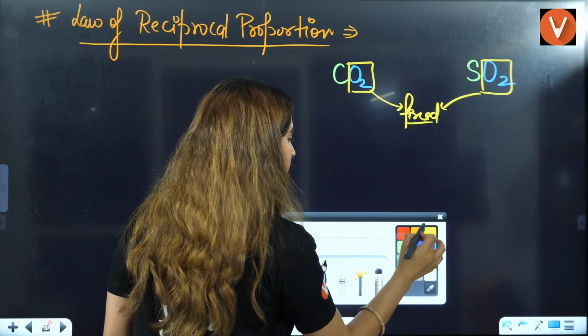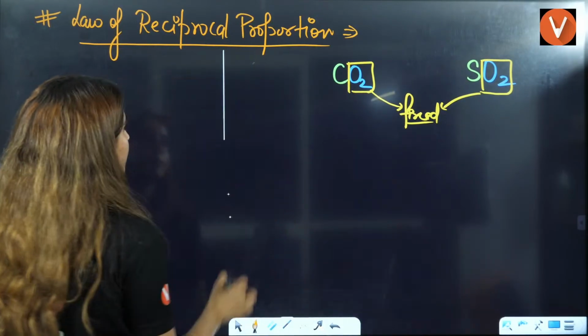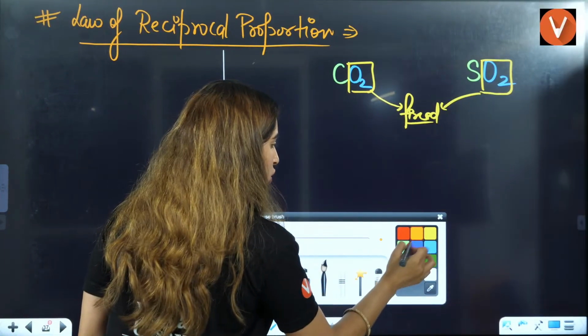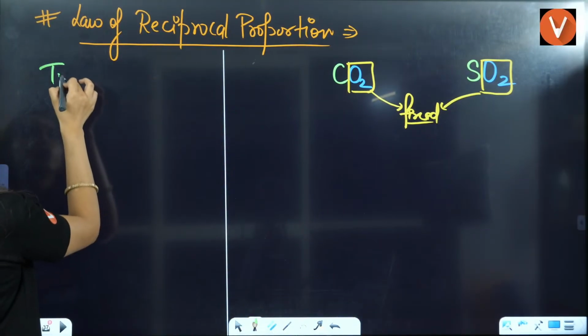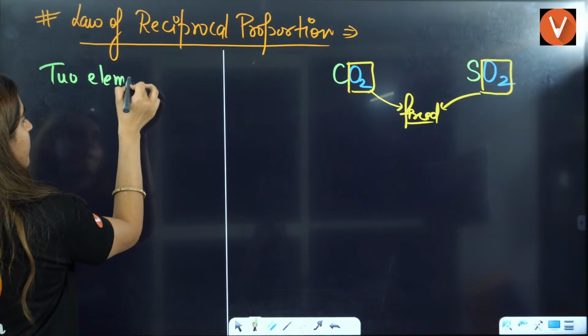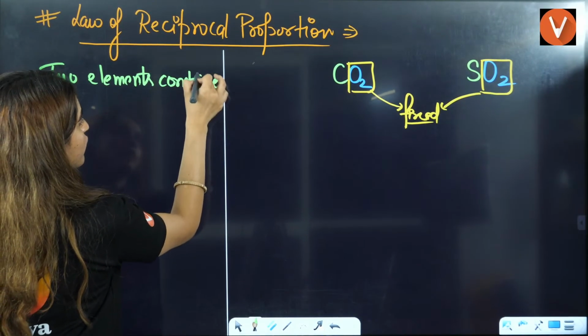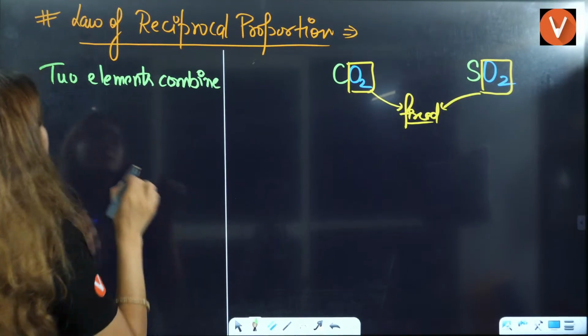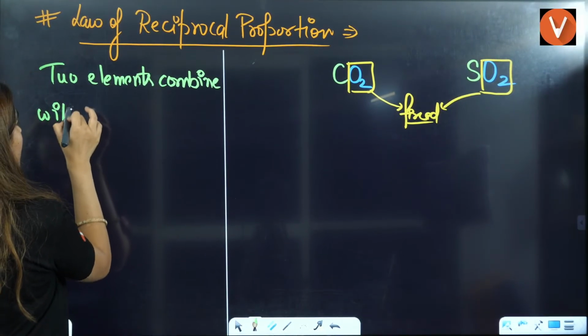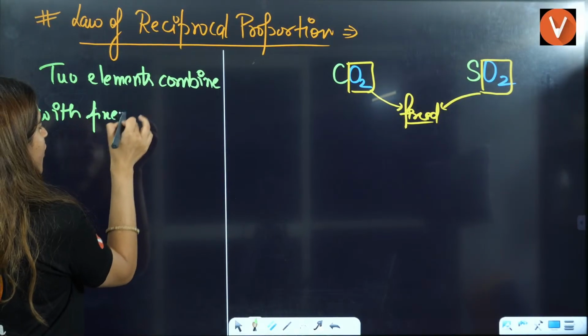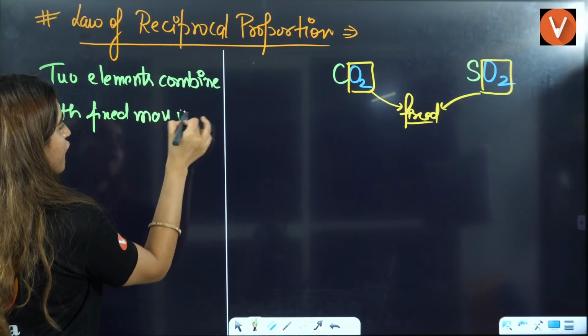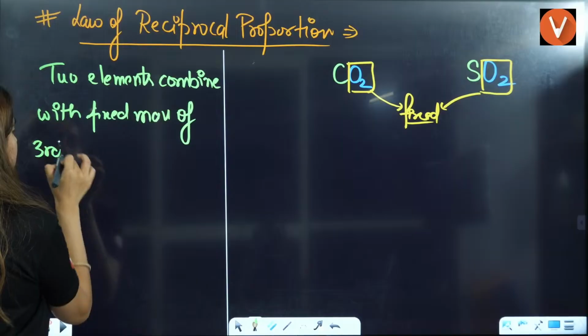Can I write it here? Side by side, I'm writing the definition also. By teaching the example only, I'm going to write the definition. Two elements combine with fixed mass of third element.